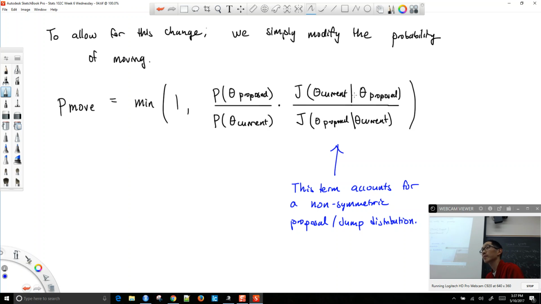Yeah. So I don't get why we want the jump distribution to be symmetric in the Metropolis algorithm, and why we need to adjust it to the Hastings algorithm. Like why we want it to be symmetric? That's a good question.